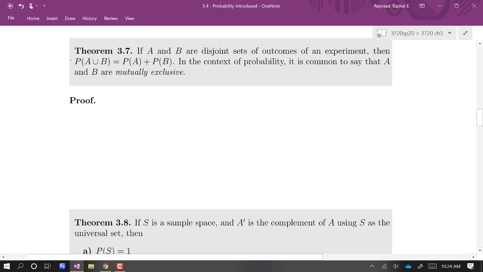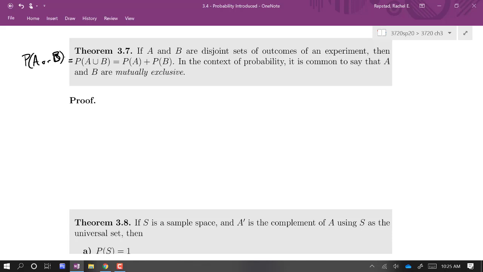Before we do that, the probability of A union B is the same as when we talk about the probability of A or B. Remember, union is an or, and in probability problems we see a lot of common language used sometimes instead of the mathematical notation.